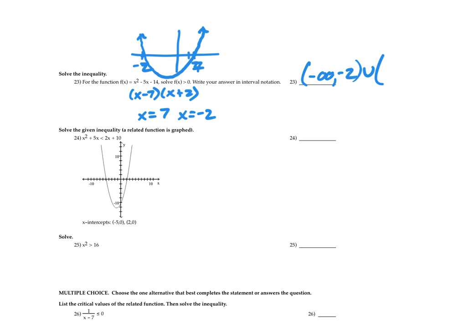And then everything from 7 to infinity. And if I had changed this to less than instead of greater than, it would be everything from -2 over to 7. And so just the symbol, it's the difference between everything there.